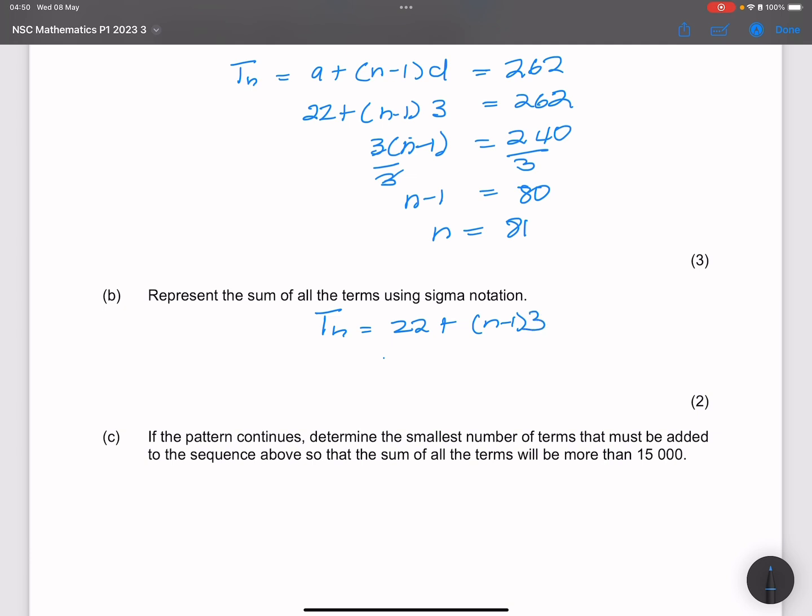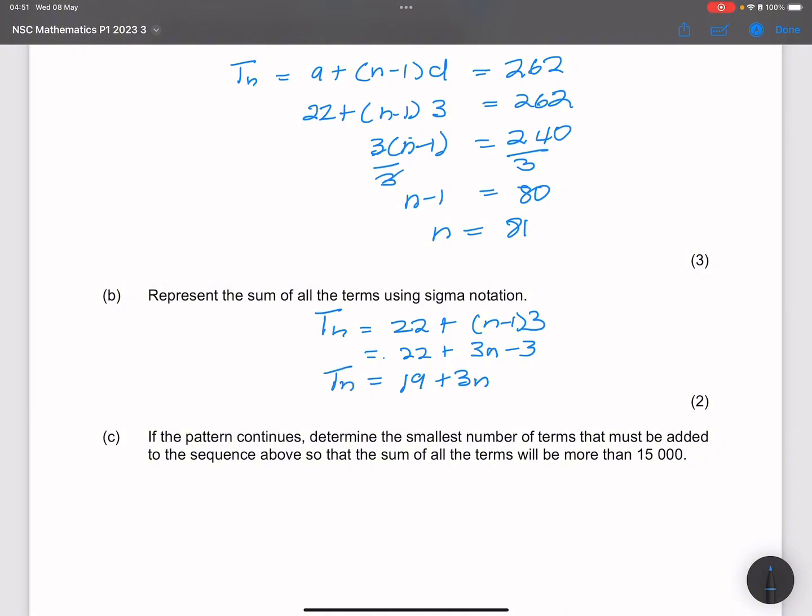So this gives us 22 plus 3n minus 3, and 22 minus 3 will give us 19, okay, plus 3n. Right, so this is the general term of the sequence. This is the nth term of the sequence.